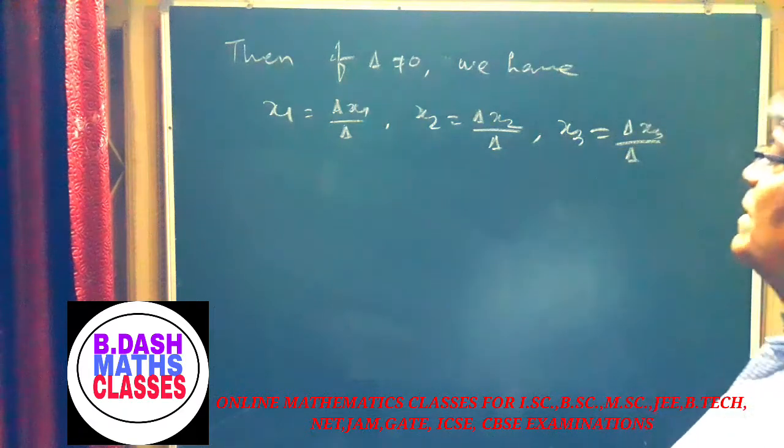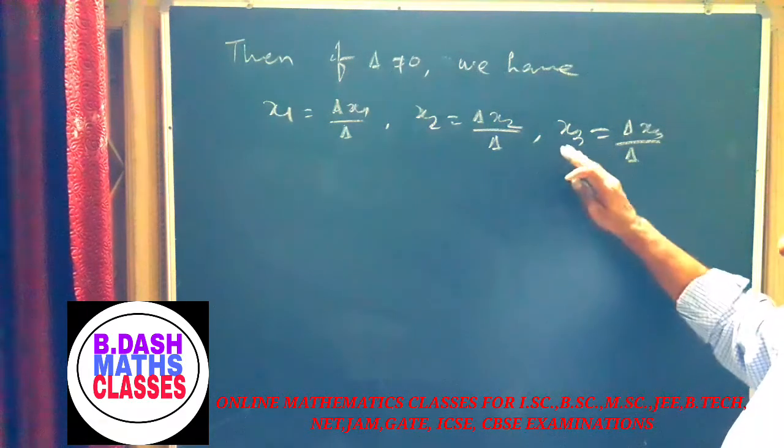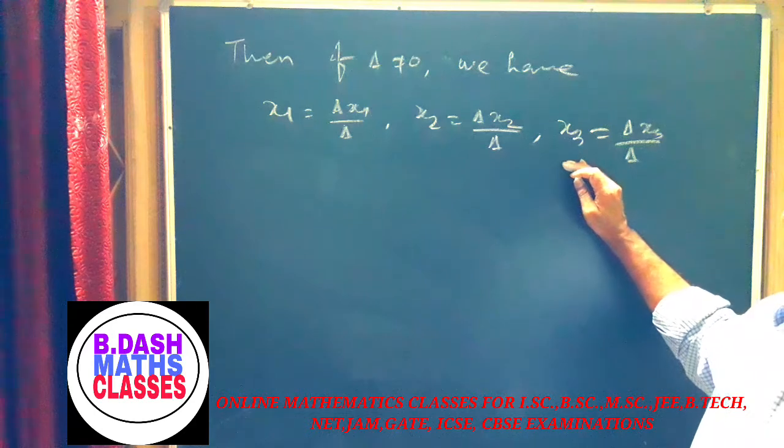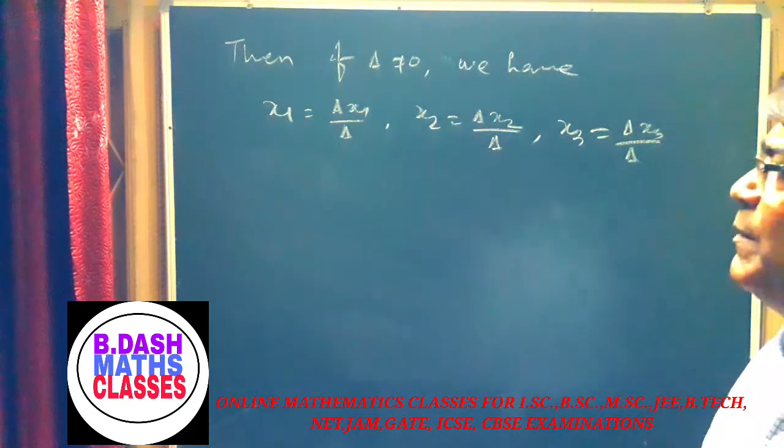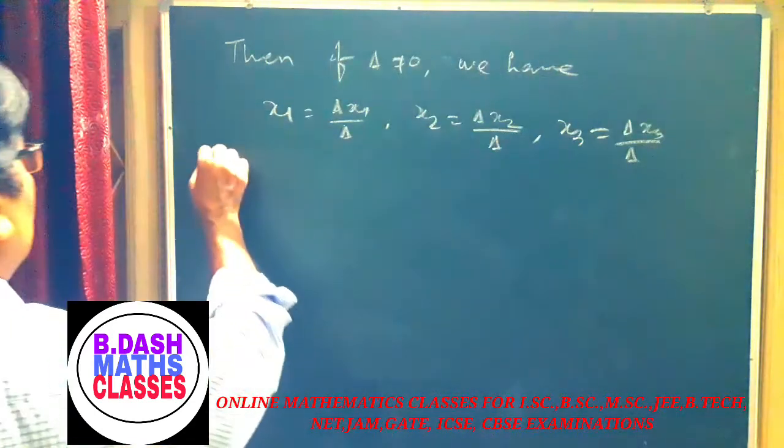So we can find the values of x1, x2, x3 in this way by applying Cramer's rule.